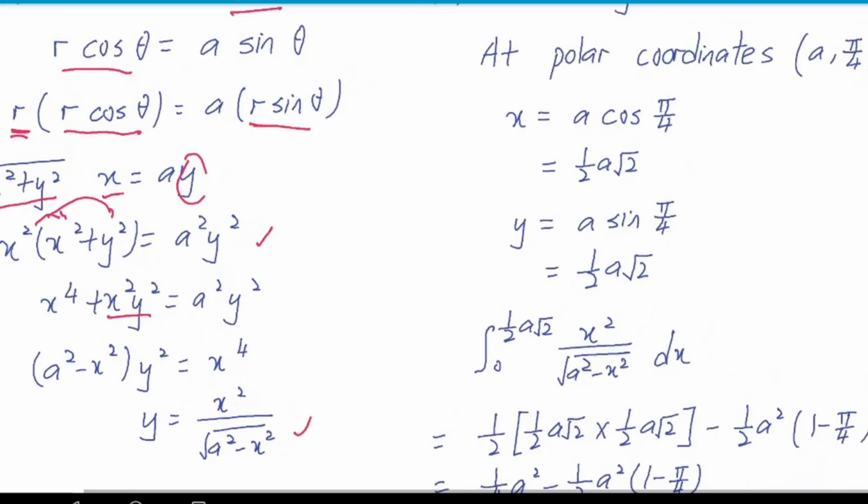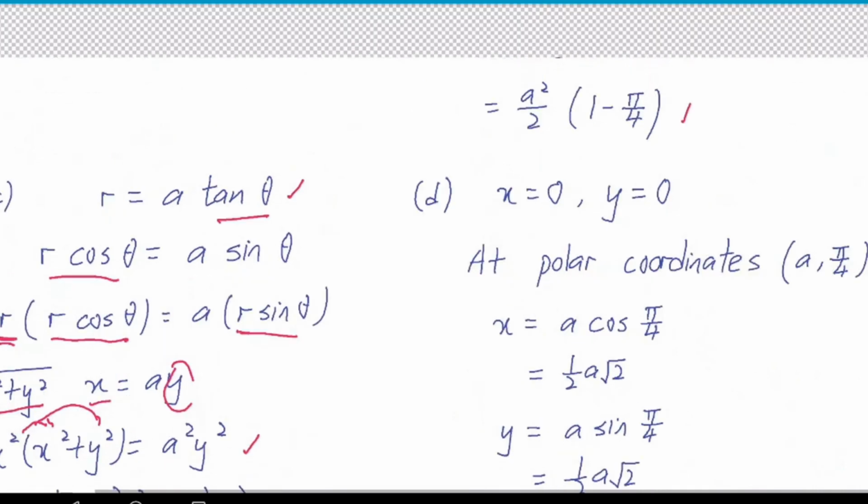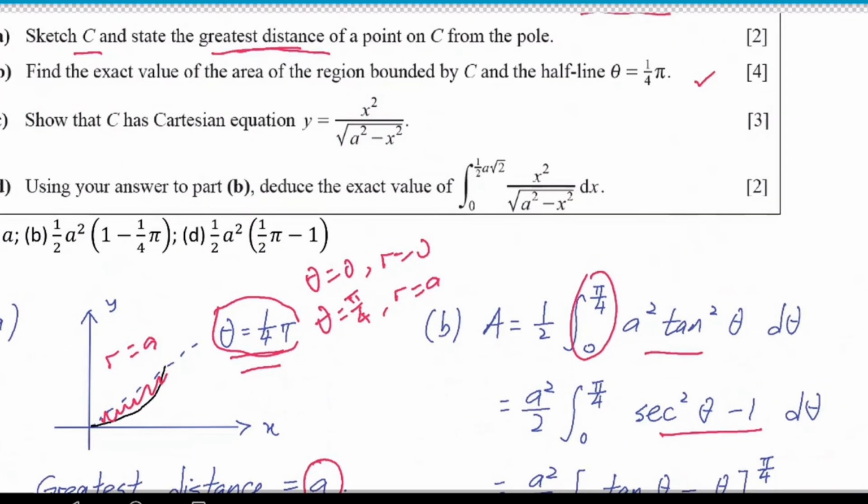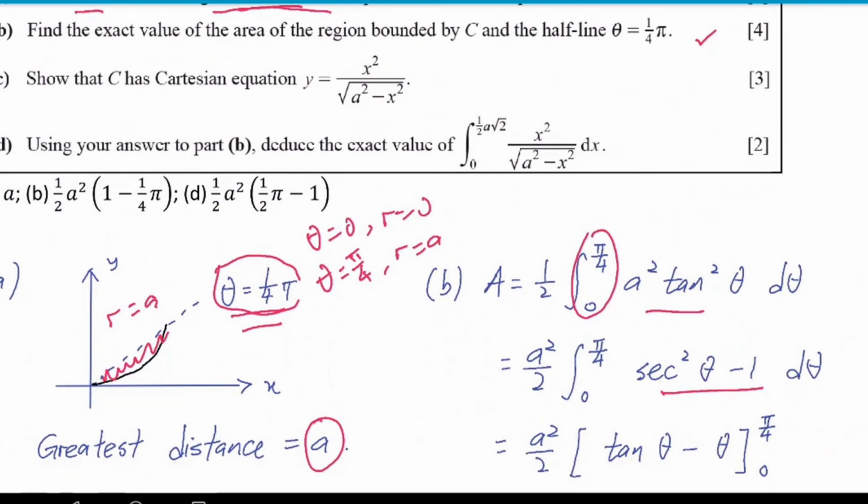So the next part is a very interesting part of the question. Suddenly they ask us to use the answer in part B to deduce this value. So why suddenly do we have this kind of thing here? We observe that this is the curve that we found just now. So what do we mean when we integrate this curve? Integrating this curve gives us the area under the curve.